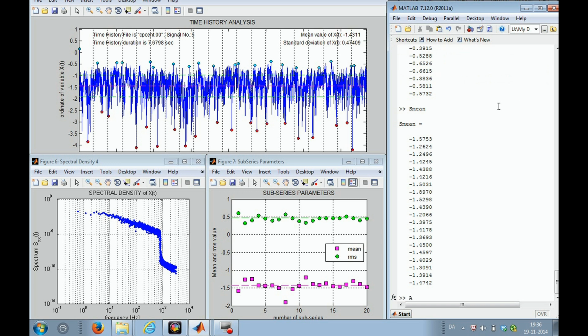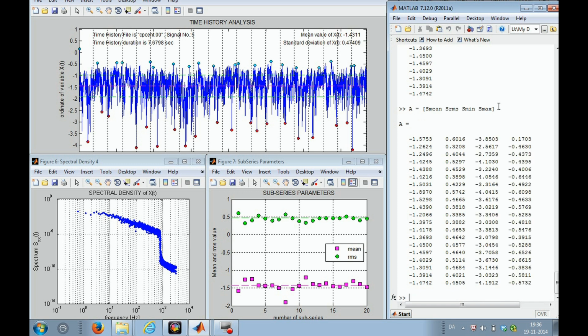We can also give the entire set: smean, sRMS for the standard deviation, smin for all minimum values, and smax for all maximum values. If we enter that, we get the full matrix of all the statistical parameters from the subseries. These values can be copied from the screen into the further analysis of, for example, extreme value analysis and so on.